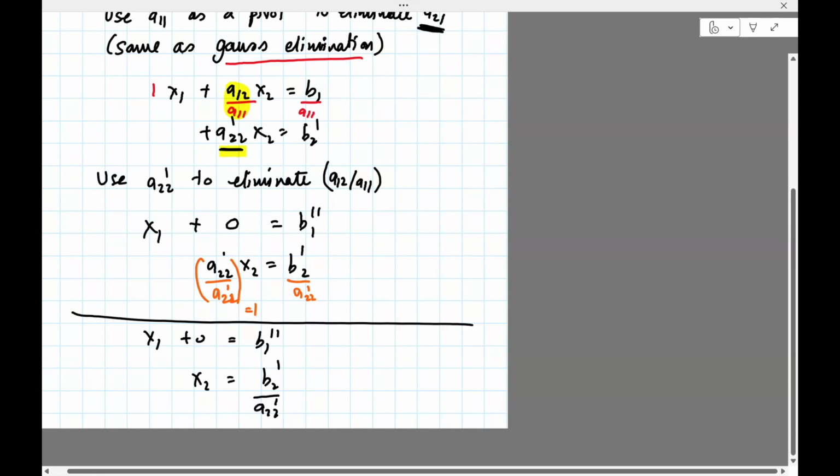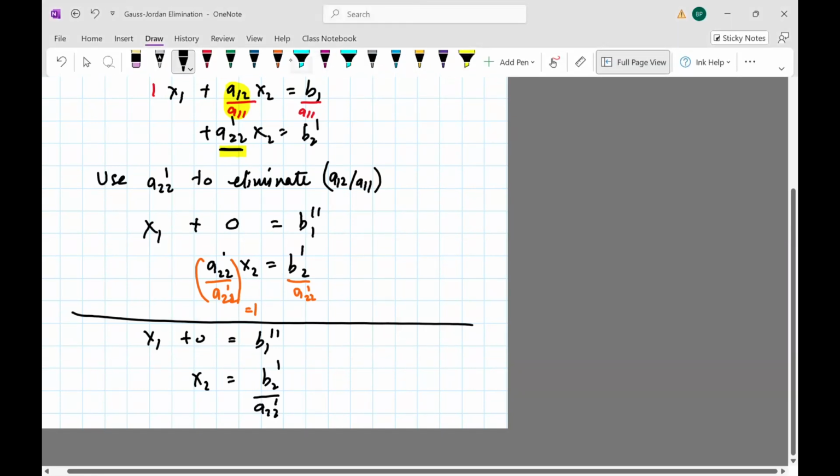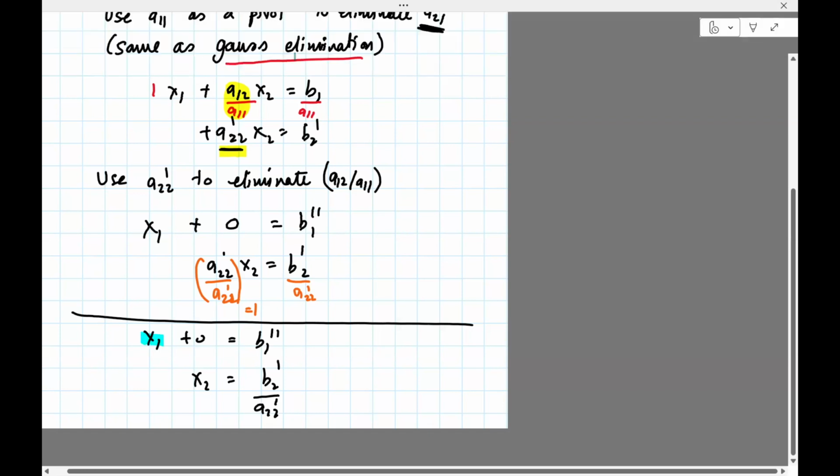Okay, so what you see is you have the solution right here. So x1 is b1 double prime, x2 is b2 prime over a22 prime, right? Just by construction, you did not have to do the back substitution. You just got it.